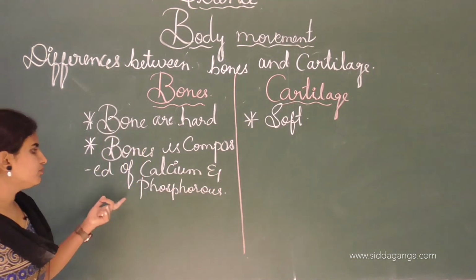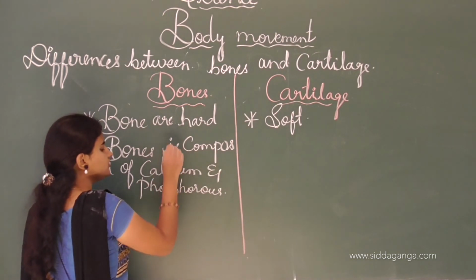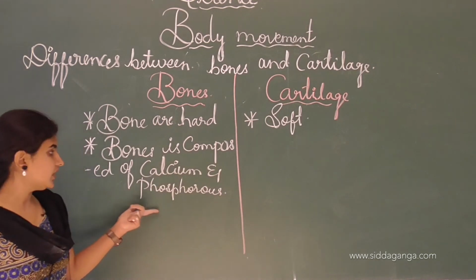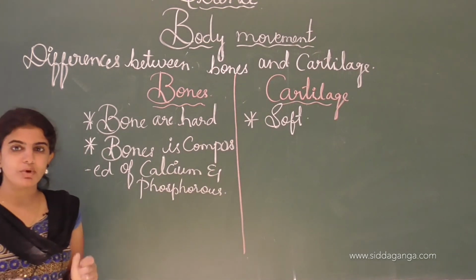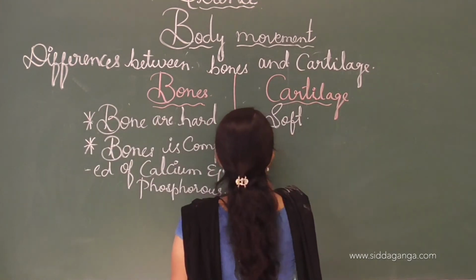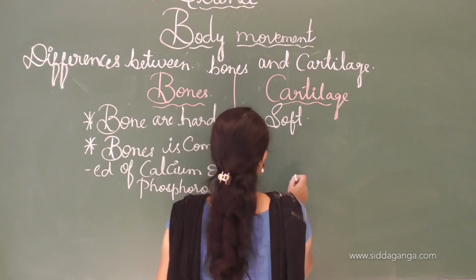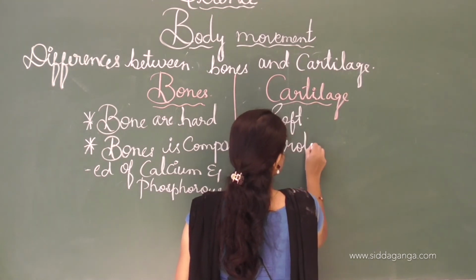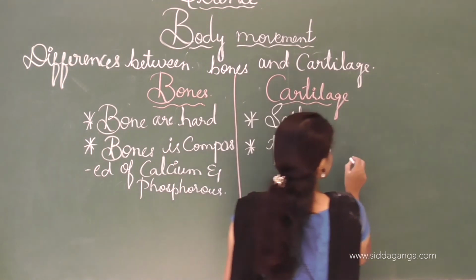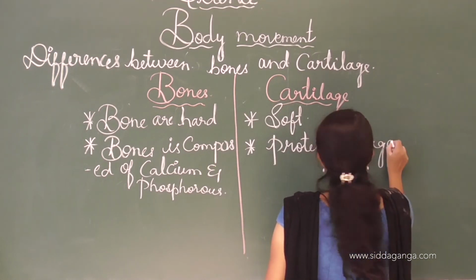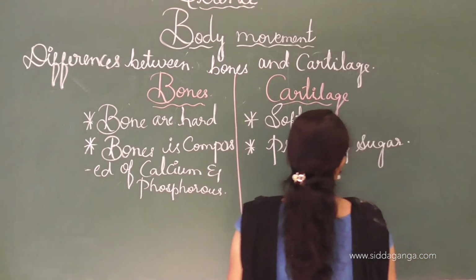See, usually in bones calcium and phosphorus are present, so that's why it is hard in nature, and it helps to give the proper shape to our body, whereas cartilage is composed of protein and sugar.